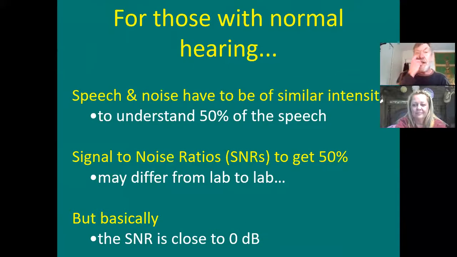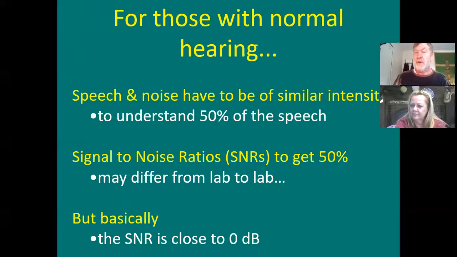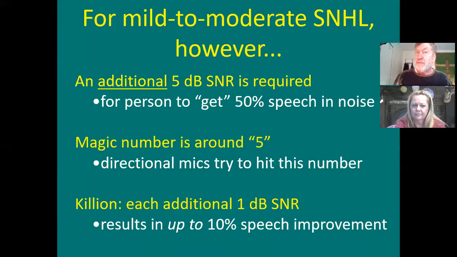So we said, basically, and now we're getting to where we ended last week: for normal hearing people, speech and noise have to be of similar intensity to understand about half of the speech. In other words, if this is the situation, the bottom one, look at how similar they are. If you couldn't see my face, you probably would understand about 50% of what I said. That's normal hearing. Okay, but if you've got sensory neural loss, now you need an additional 5 dB.